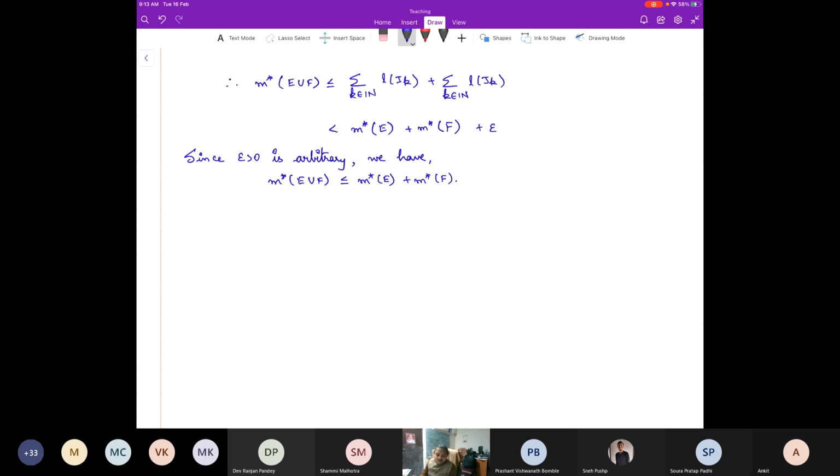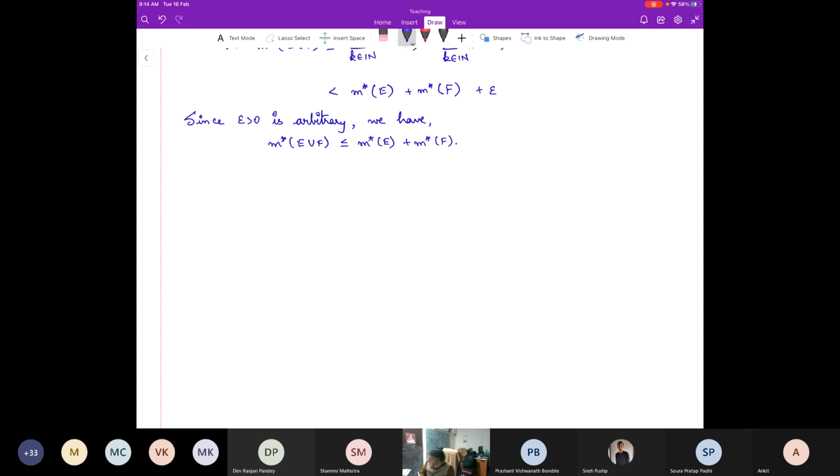So this is only for a finite number of sets. The natural question is, what happens if we choose infinitely many, that is, countably infinite? Yes, the same thing actually holds.